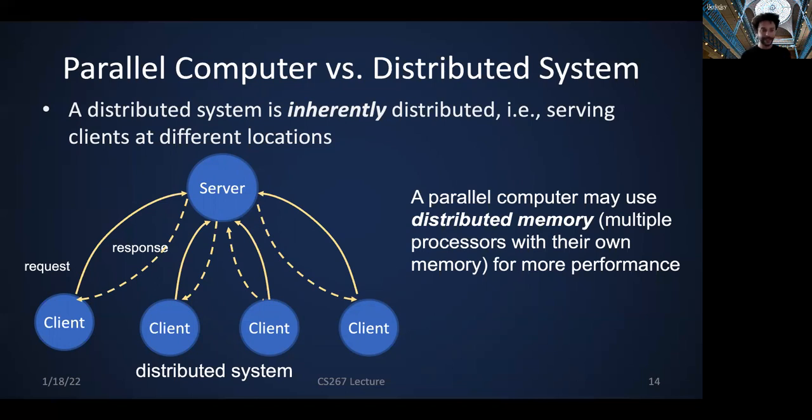But let's for a moment ignore the fact that there is one server and lots of clients are coming and going. There is some sort of parallelism and concurrency happening at this point, but these clients are not active at the same time.